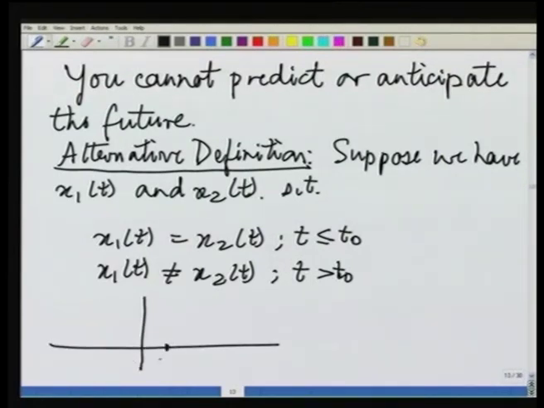Let us say this is t naught. Let me plot x1(t). x1(t) has been plotted. Now, x2(t) is required to be identical to x1(t) up to t naught.